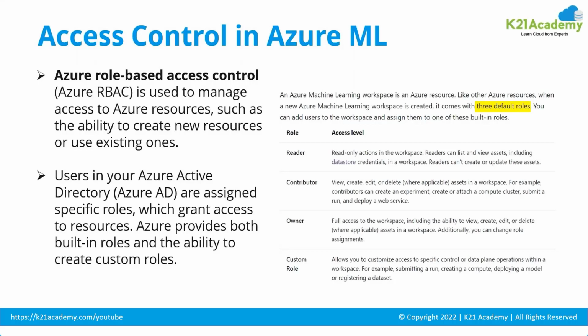When we talk about providing access to anything, there are two aspects. One is authentication, the other is authorization. Authentication is basically verifying the person is who they say they are before they access anything.